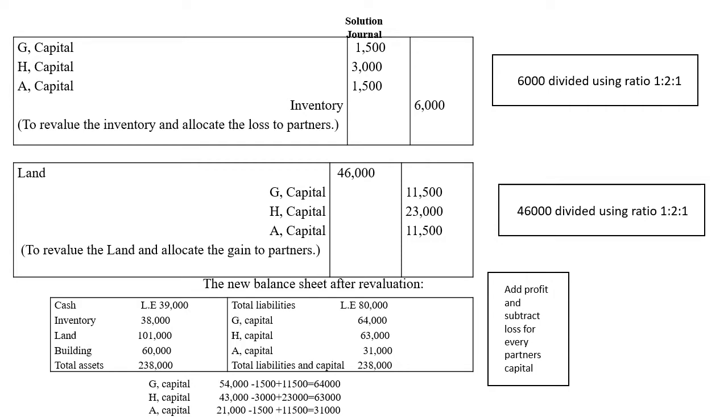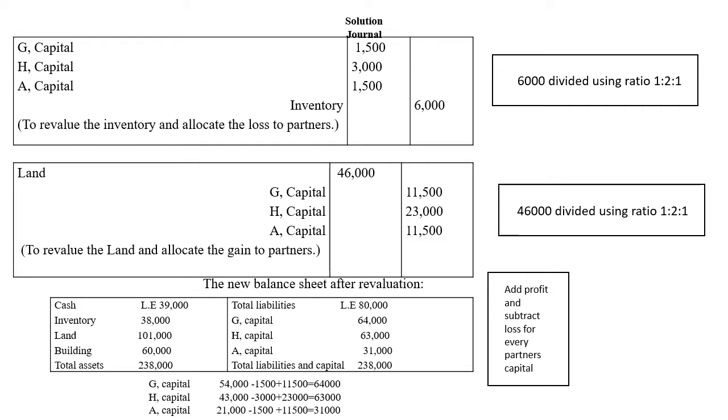The difference between the book value of the land and the market value of the land was 46,000. The land used to be 55 and now it's 101, so the difference is 46,000. Profit in land, increase in land was divided between the partners, their capital credit because it's profit.